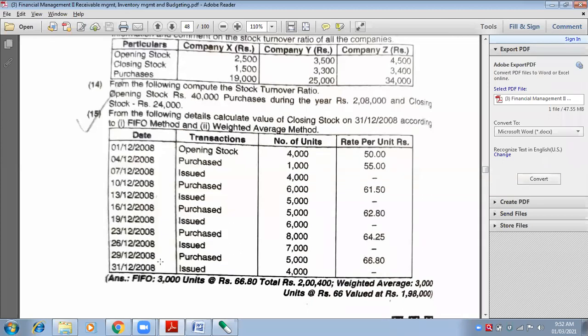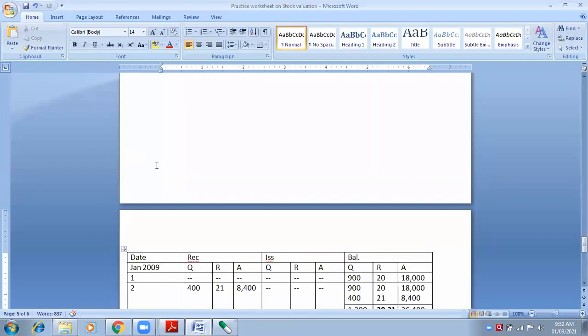Write down sum number 15. Weighted average method. Statement of stock ledger account. Stock ledger account, and in the bracket you have to write weighted average method.